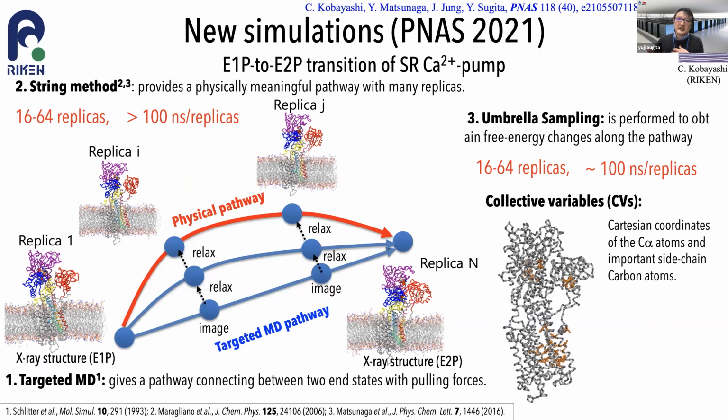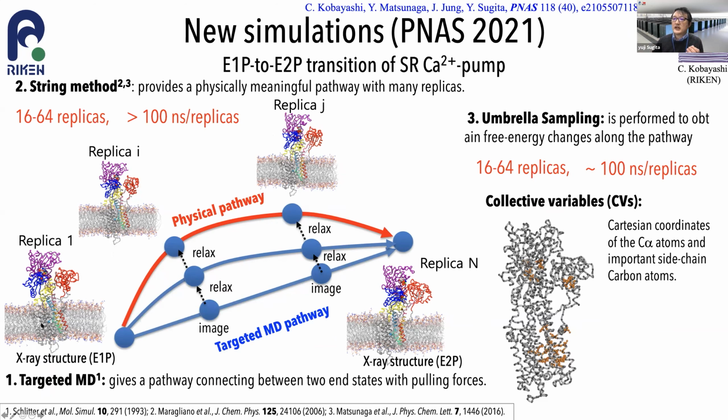And after 16 years, we continued the calculation, and this year we published a new simulation in PNAS. In that case, we tried to simulate a very large conformational change, from one structure, the E1P state, to another crystal structure, the E2P state.